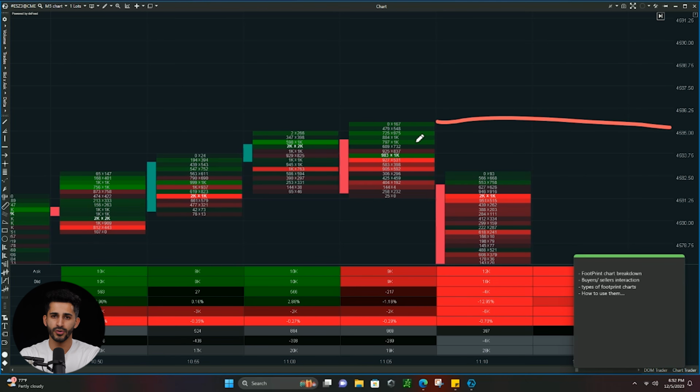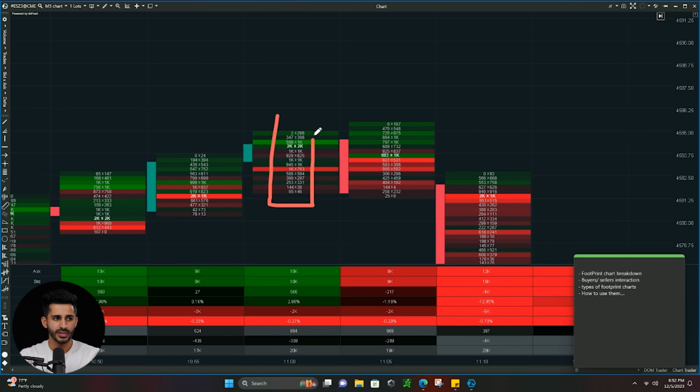An aggressive order to buy, hence why it is on the ask side. Now, if someone has an aggressive order to sell, they're willing to sell to the next buyer. So in this predicament, there were two contracts that were aggressively sold, 266 contracts aggressively bought. That was the transaction type.